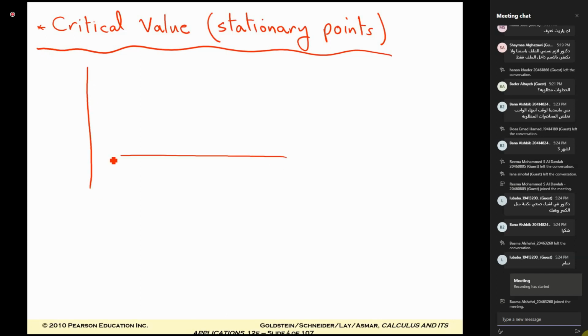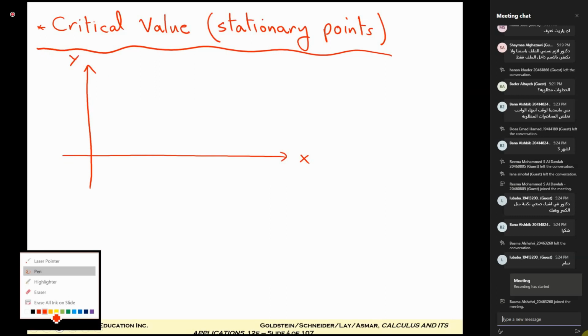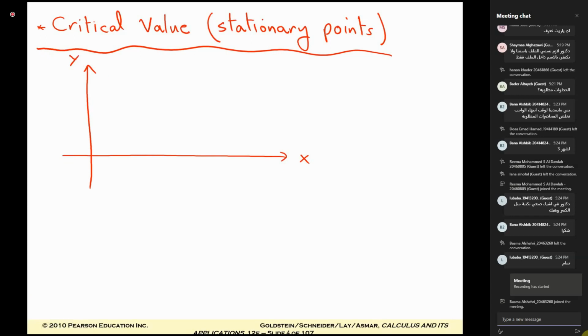Look at this graph. We have the x-axis and y-axis, and we have this function f of x. We have a here and point b, with the images f of b and f of a.